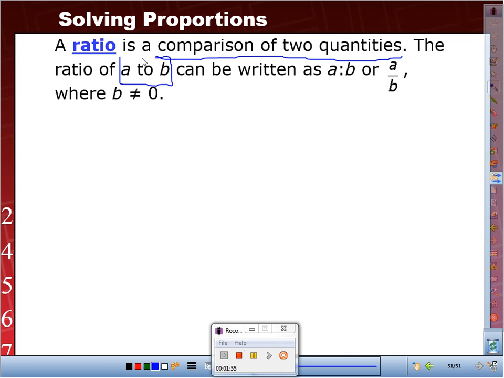A to B, A:B, and A/B, comma, and then at the end you just write where B cannot equal 0. Copy that, and I'll elaborate a little bit more on that.